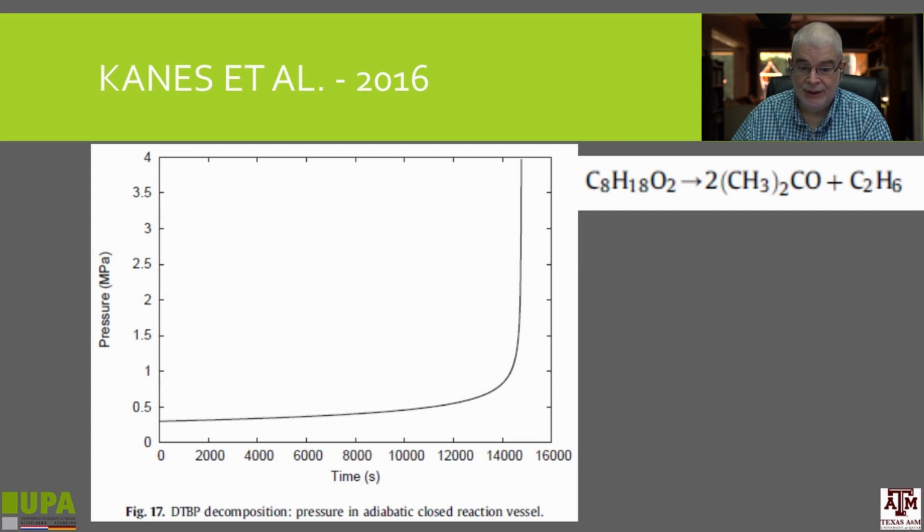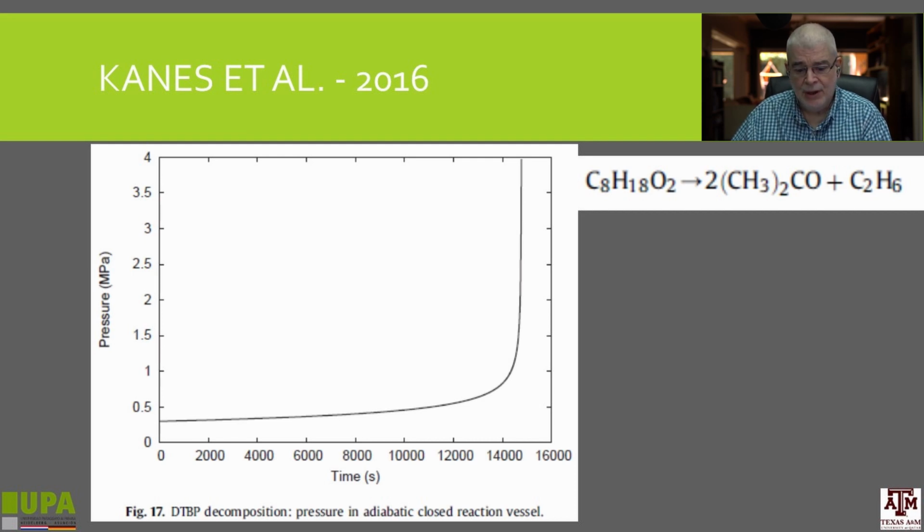So if this decomposition starts, your products are much more volatile than DTBP, and the temperature increases. If it's not controlled, this is what you experience in your vessel: an exponential increase of temperature and of pressure. Here is the pressure curve. And very easily you can have an industrial accident if you don't take action.